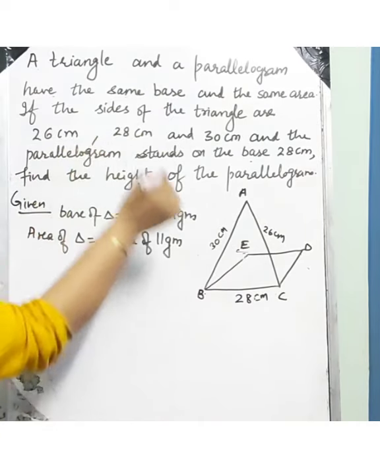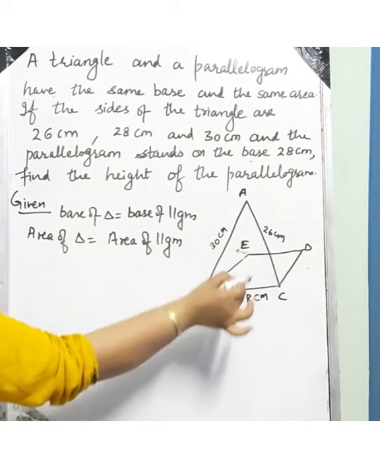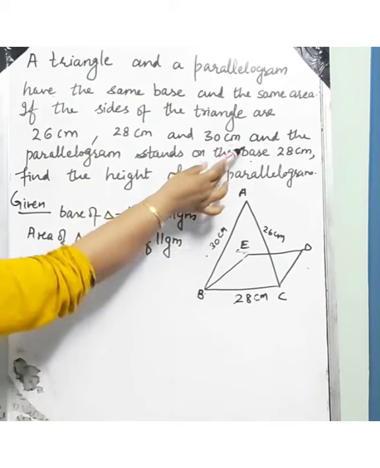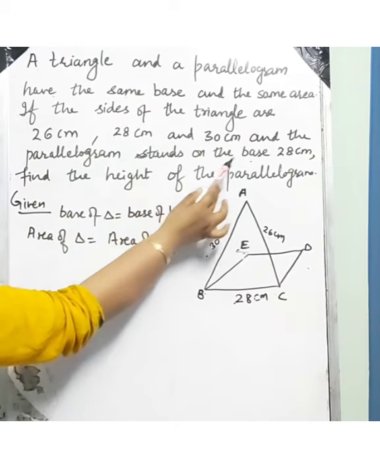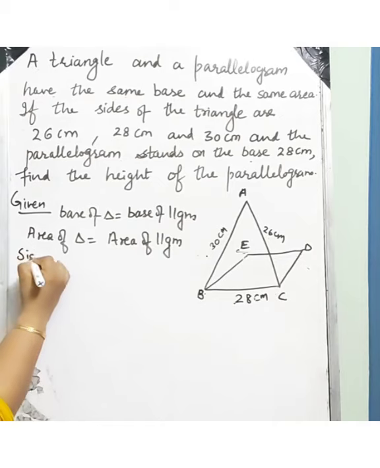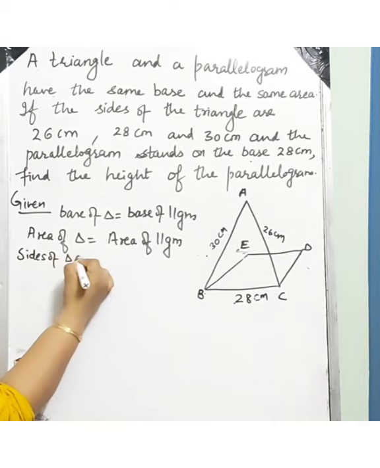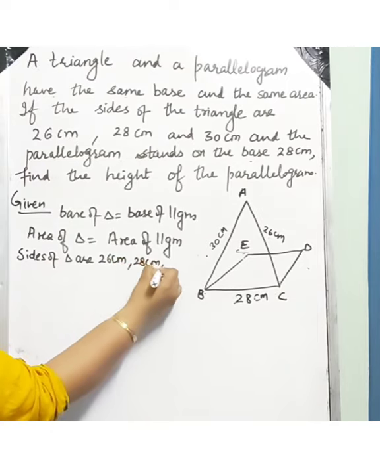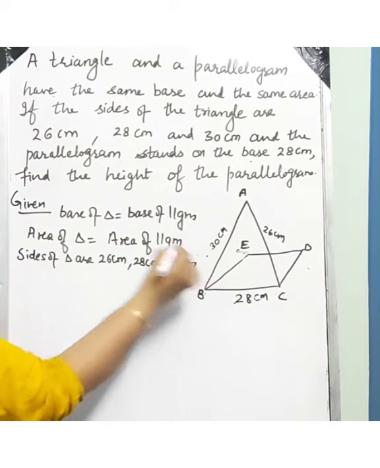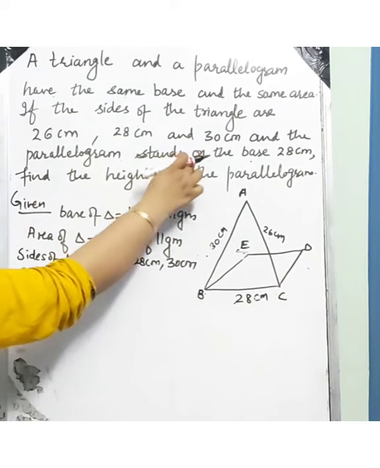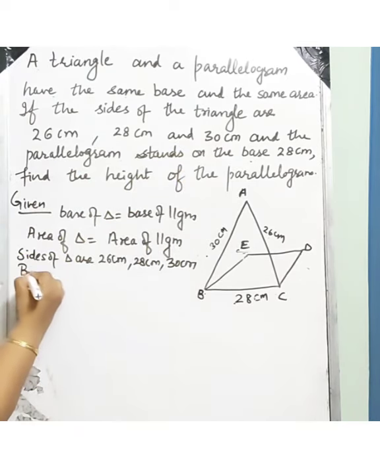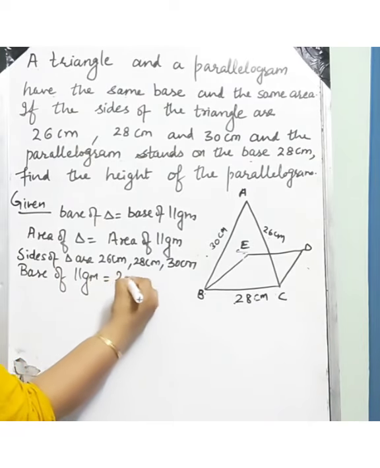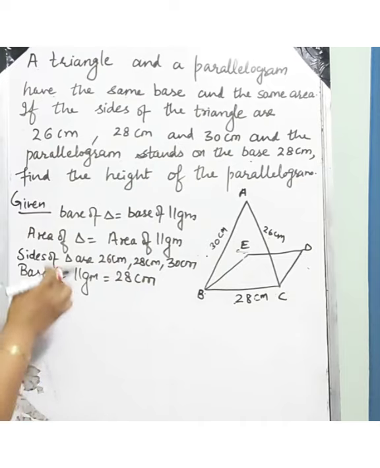If the sides of the triangle are 26 centimeter, 28 centimeter and 30 centimeter, and the parallelogram stands on the base 28 centimeter, find the height of the parallelogram. Sides of the triangle are 26 centimeter, 28 centimeter and 30 centimeter, and the base of the parallelogram is 28 centimeter.